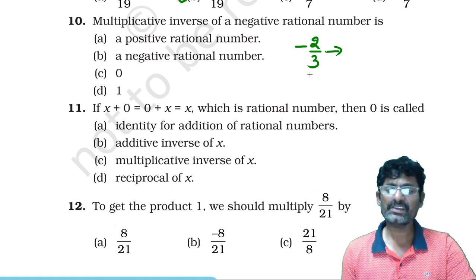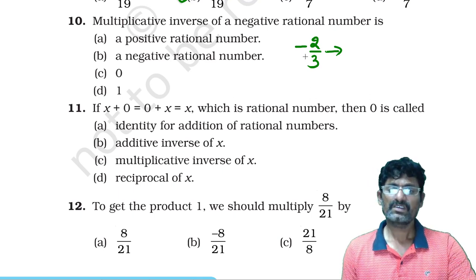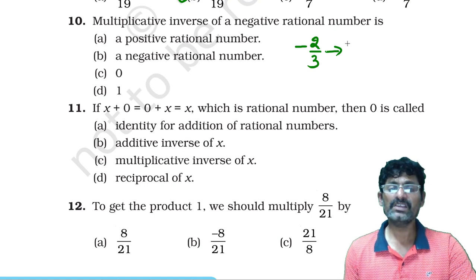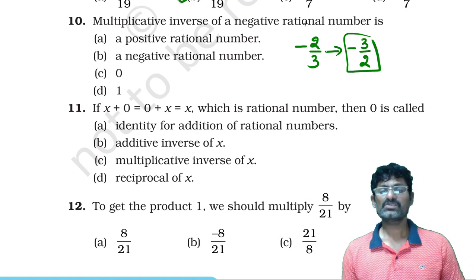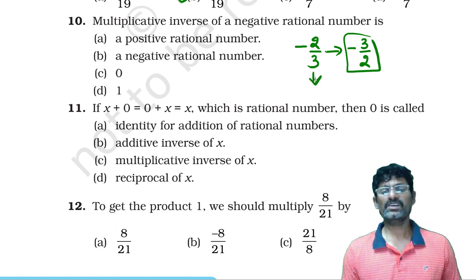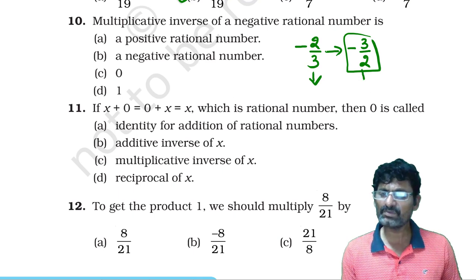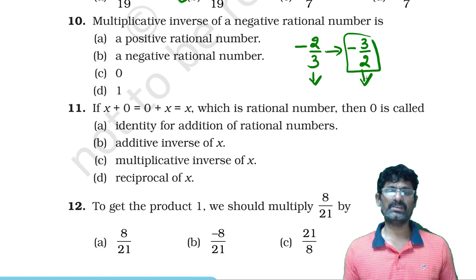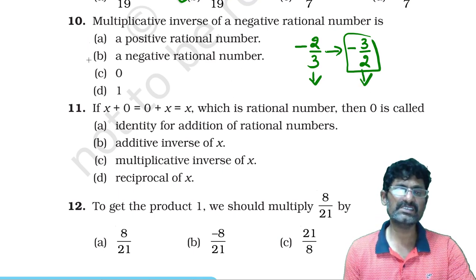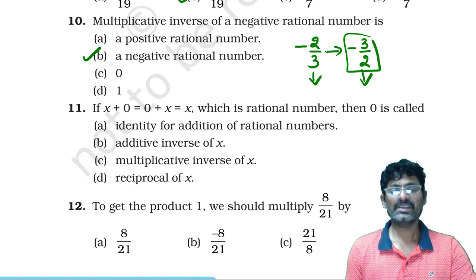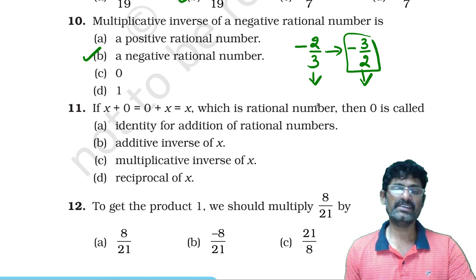So for negative 2 by 3, the multiplicative inverse will be negative 3 by 2. So if you take a negative rational number, the multiplicative inverse is also a negative rational number. So the option in this case is option B, a negative rational number, right?